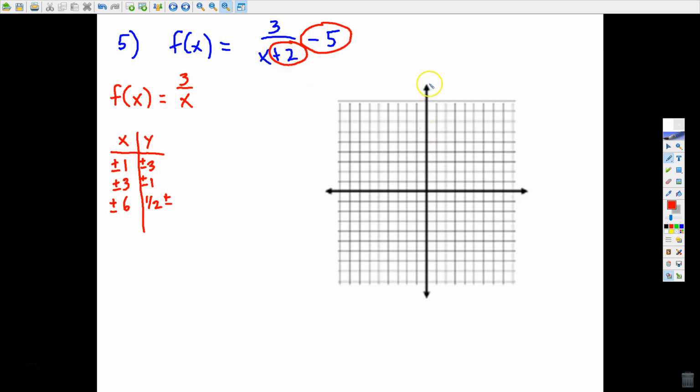So the parent function had a vertical asymptote. It always has a vertical asymptote at the y-axis. Well, if you take this graph and move it 2 to the left, that's like taking your vertical asymptote and moving it 2 to the left. So instead of having a vertical asymptote at the y-axis, we now have one at x equals -2.